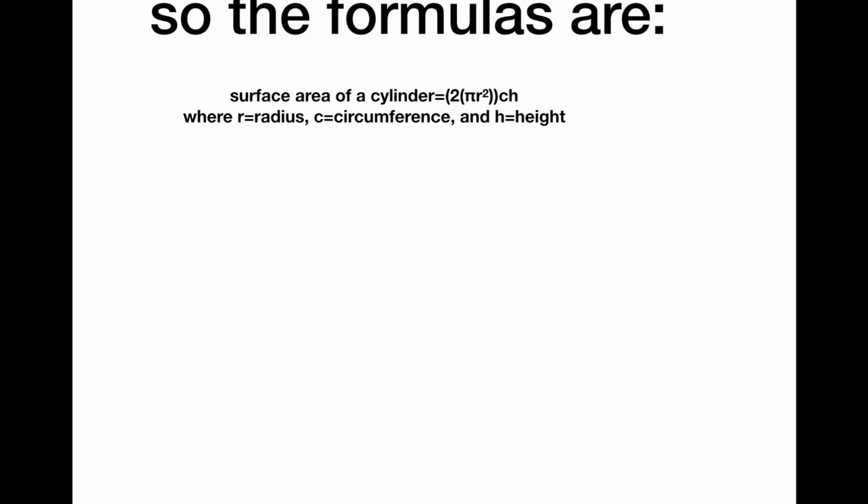So the formulas are: surface area of a cylinder is equal to 2 times pi r squared plus c times h, where r equals radius, c equals circumference, and h equals height, and the volume is pi r squared h, where h is height.